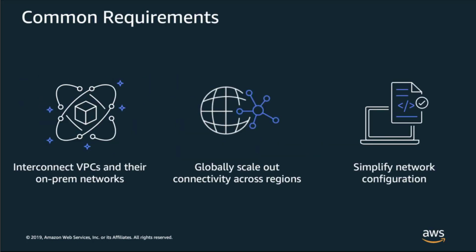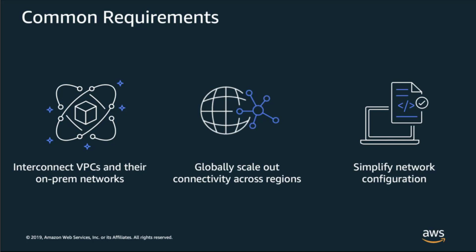So to start out with, we see our customers ask us to help them solve a common set of requirements. So they want to interconnect VPCs within the cloud, certainly, and with their on-prem environment. So just as best practice, having a separate blast radius and making sure your VPCs live within your accounts and separating out workloads.